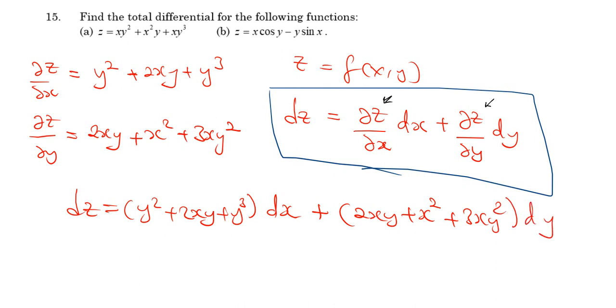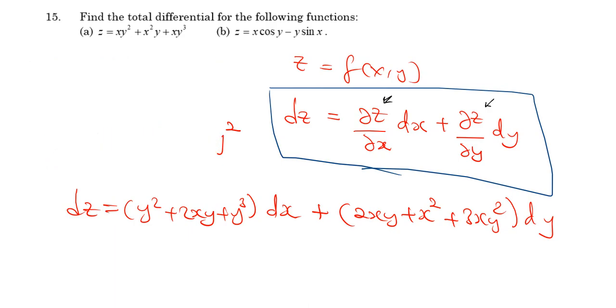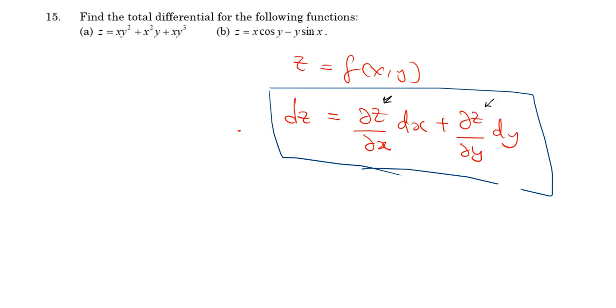So this is how you do it for the first one. We do the same for the second one. Really, finding the total differential of a function is really easy.